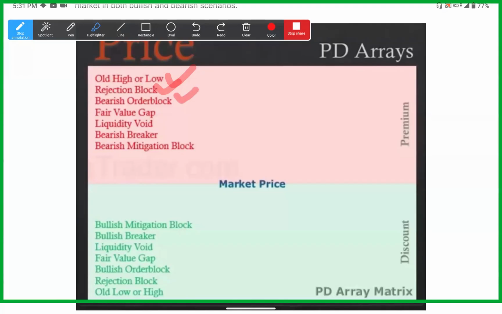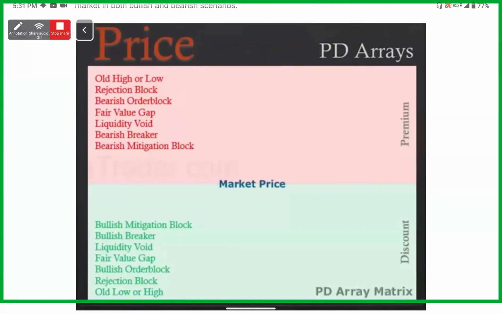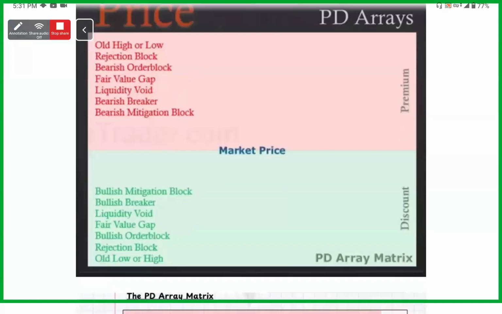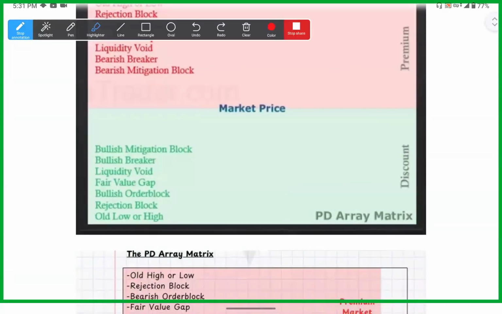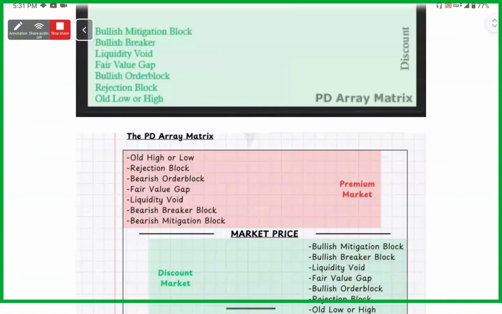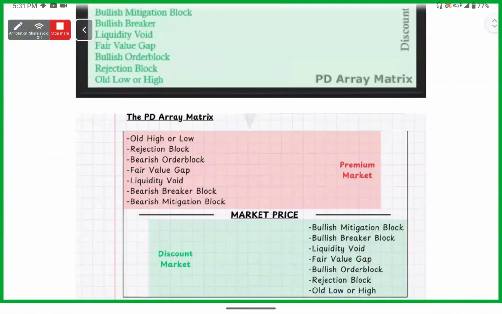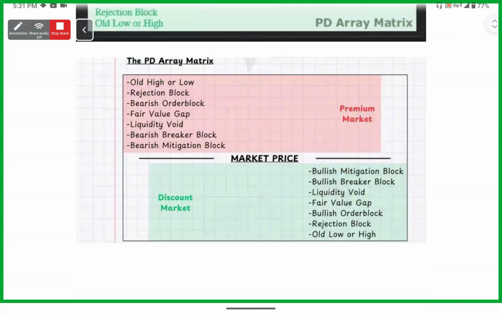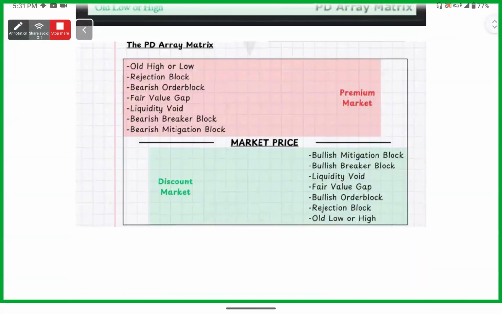The bearish order block, the fair value gaps, liquidity void, the bearish breaker block, the bearish mitigation block, and vice versa to the discount. In the discount, we have the bullish mitigation block, the bullish breaker block, the liquidity void, the fair value gap, bullish order block, rejection block, and all the highs and lows. You get? It is not different from this. So this is what we call the premium market. You get? And this is what we call the discount market.